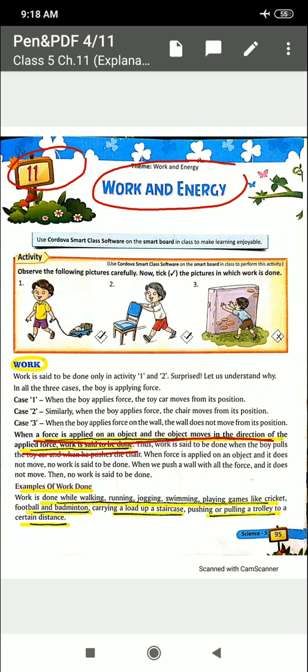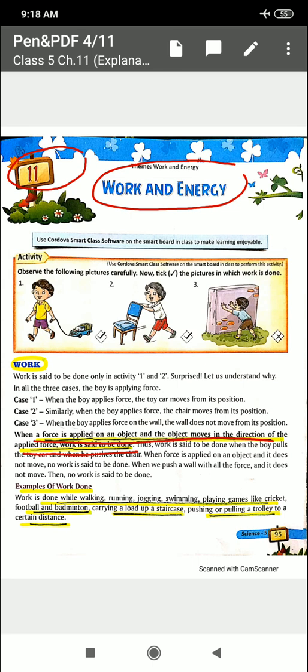As you all know, we need energy to apply force. And whenever we apply force, then only the work is said to be done. That's why these three terms, that is force, work and energy, are interrelated.